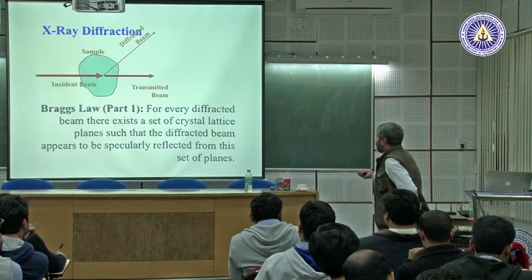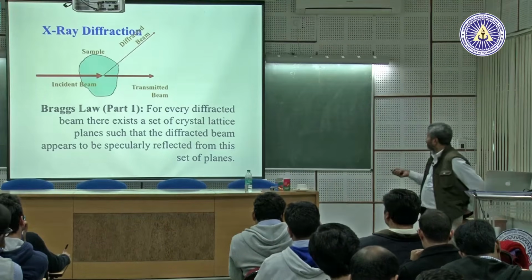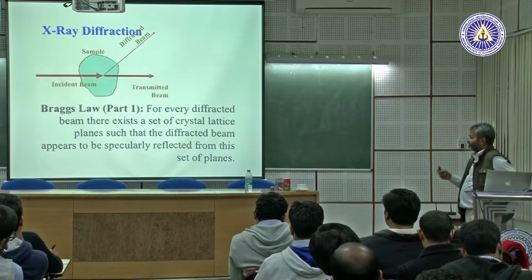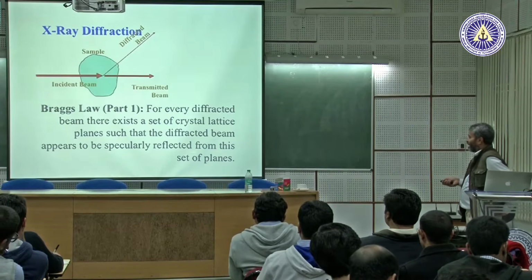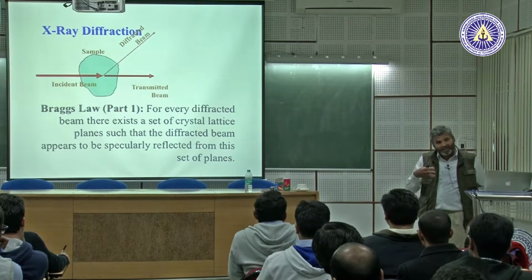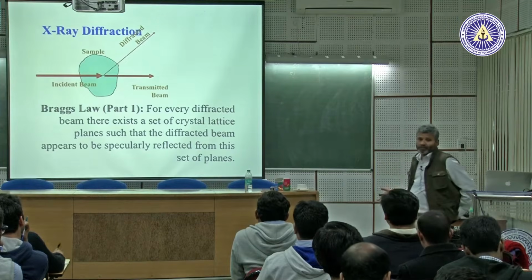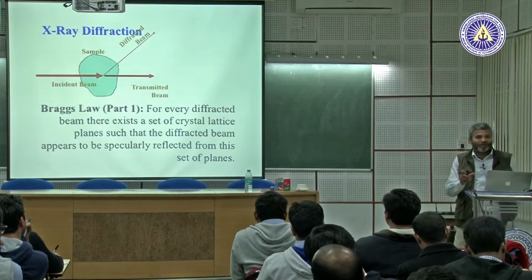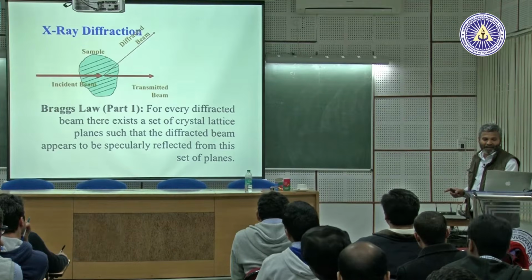That for every diffracted beam, what I showed you in the previous slide, there exists a set of crystal lattice planes such that the diffracted beam appears to be specularly reflected, mirror-like reflected, from this set of planes. This is the real part of Bragg's law. This is Bragg's genius. This is the Nobel Prize of Bragg.